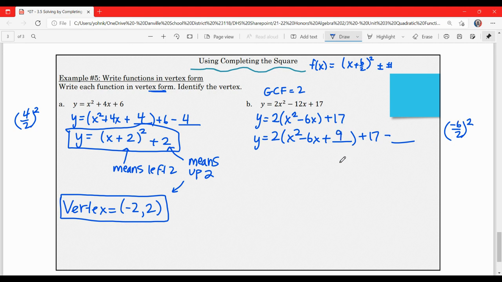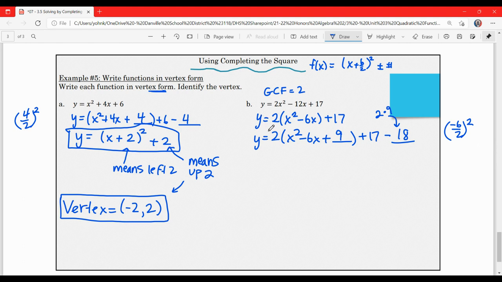But here's where it gets a little tricky. This 9 is not just 9, but it's actually 2 times 9, because this 2 is hanging out inside of the parentheses. And so I need to balance it out. 2 times 9 is 18, so that's why I put in 18 here. So make yourself a little note that this is really 2 times 9.